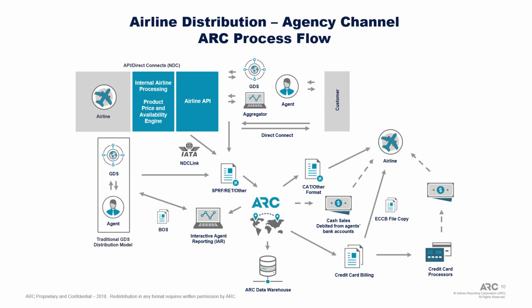So a couple of things here. Please provide details for the credit card processing process. Without specifics, I'm not sure if you're asking about today or in the future, but I'll try to answer both as quickly as possible. So today, when we get transactions in from the GDSs on the SPRF file, in the middle of the graphic, we actually do three key things with that data every day.